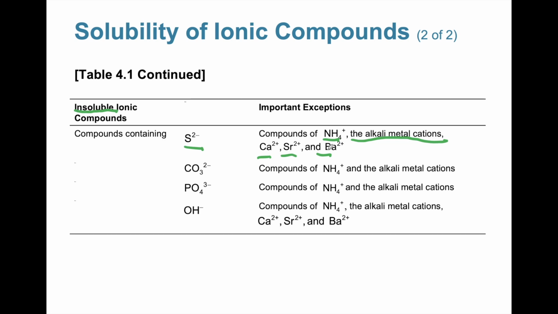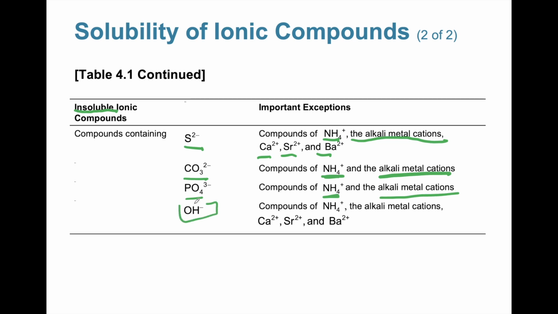Carbonates, similar situation here. Carbonates and phosphates are all insoluble except for the ones with ammonium. Ammonium is the NH4 plus. So ammonium, or the ones with alkali metal cations. Sodium carbonate is soluble. Sodium phosphate is soluble.